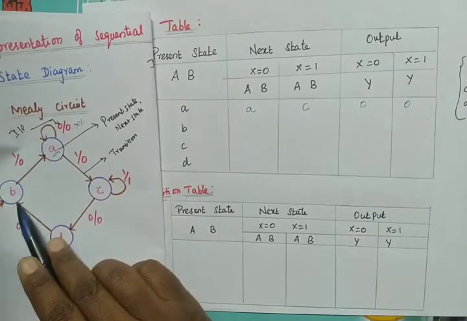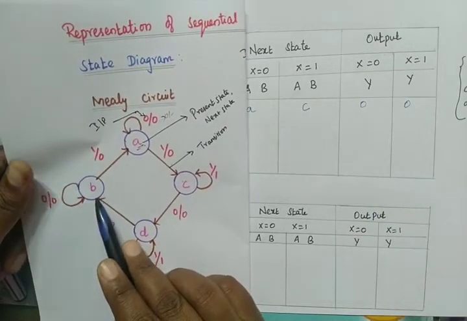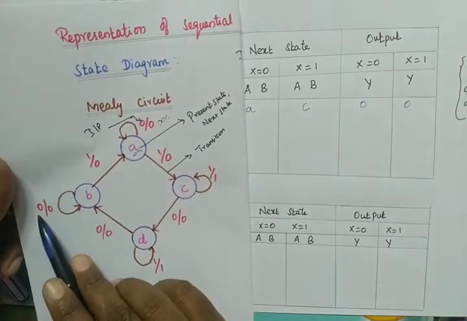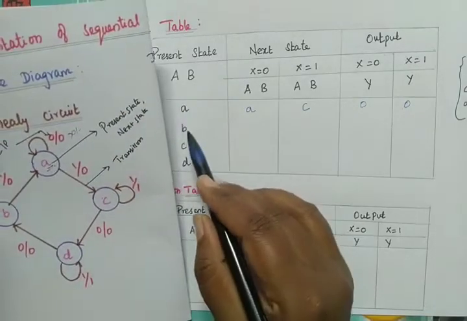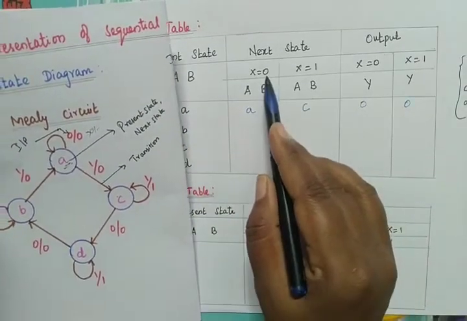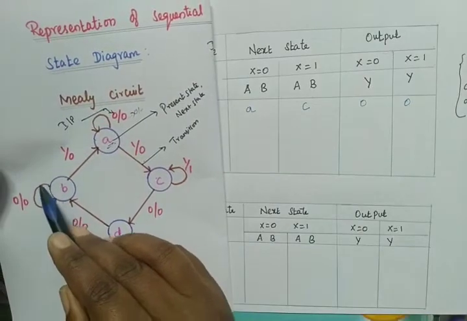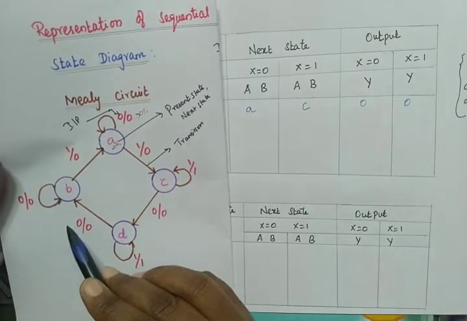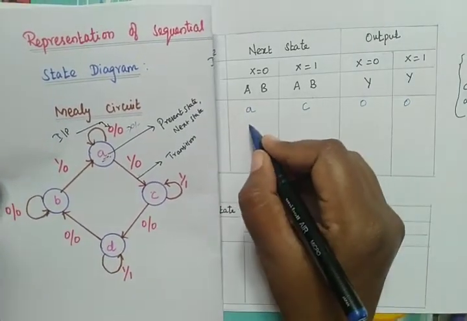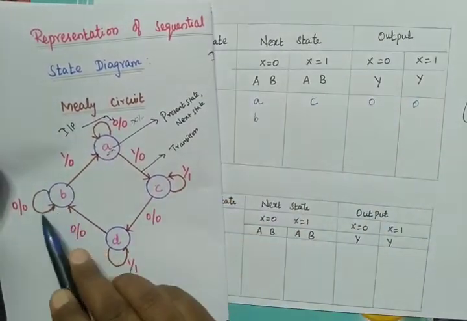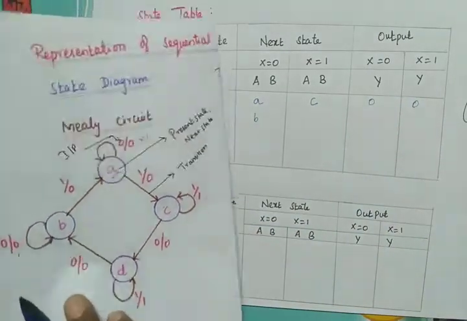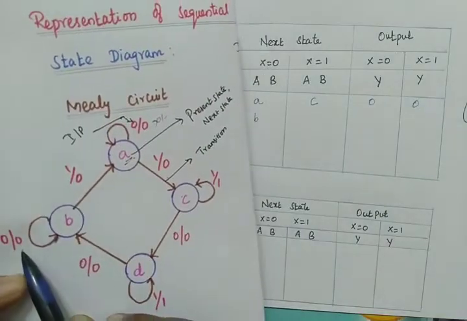Then for present state B, if our input is 0, the next state remains the same, so it will remain in state B. And the output for this is 0.